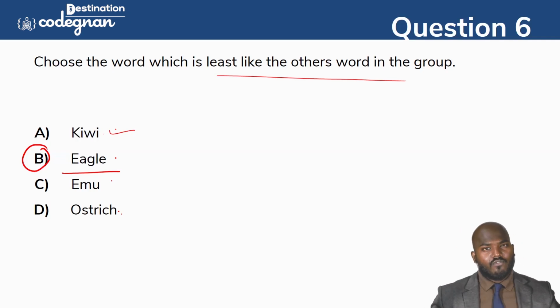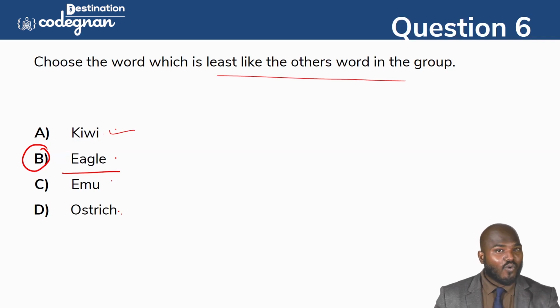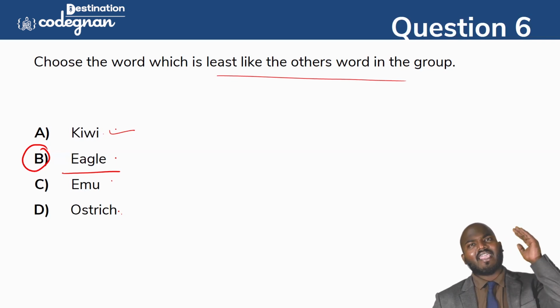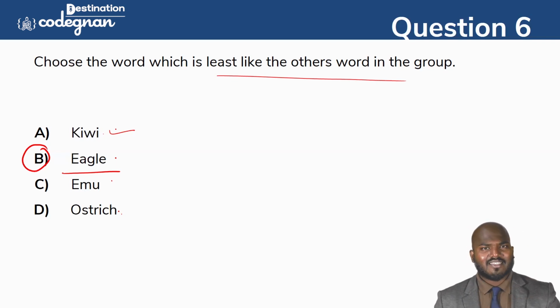Emu is a very big bird that can't fly. Ostrich is also a very big bird and can never fly in the sky. So option B is the correct answer because the eagle is the only bird that flies among the options. The remaining are all flightless birds. You got it, guys? Okay.